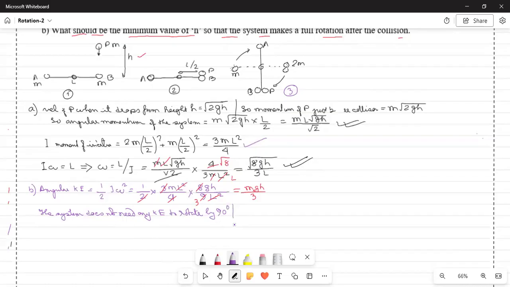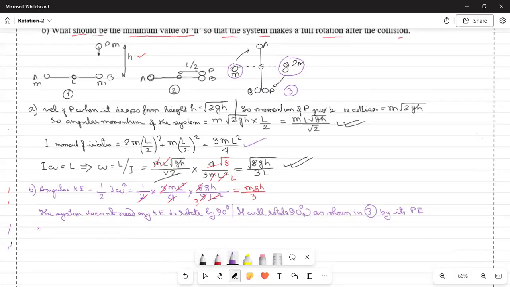It will rotate 90 degrees clockwise, as shown in picture 3, by its potential energy, because the potential energy of this 2m is much higher than the potential energy of the only one mass m. So we analyze this part of the rotation.